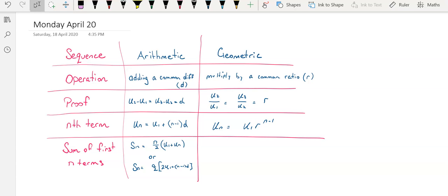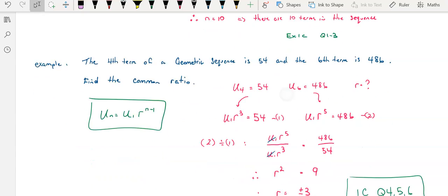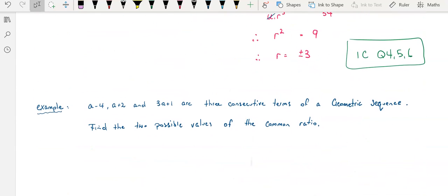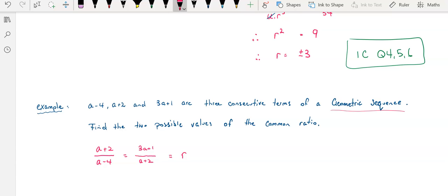If I know that I've got three terms in geometric sequence, then I can say with utter confidence that a plus 2, any term over the term preceding it, will equal any other term. In this case, I've only got three terms, so I've only got two possible ratios I can make. They must equal each other, and they must equal r. By definition, they're geometric, we're told that.